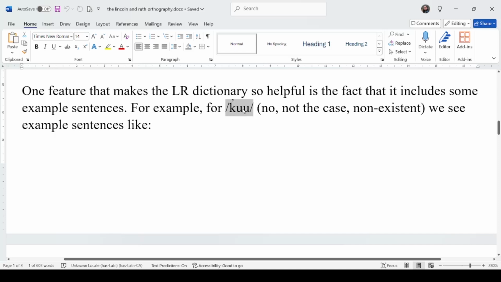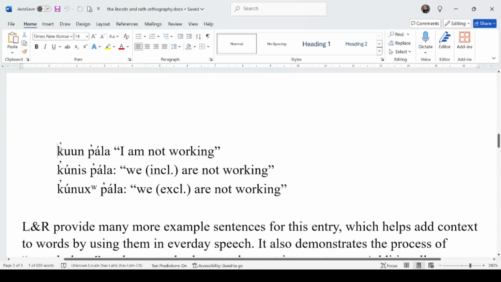So you can take the word Q and you add a suffix like N. This N means I or me. So when you say Kyun, that means not I, and then ala means to work. So if you look at this literally, it means not I work. And in English, we would change that to I am not working.